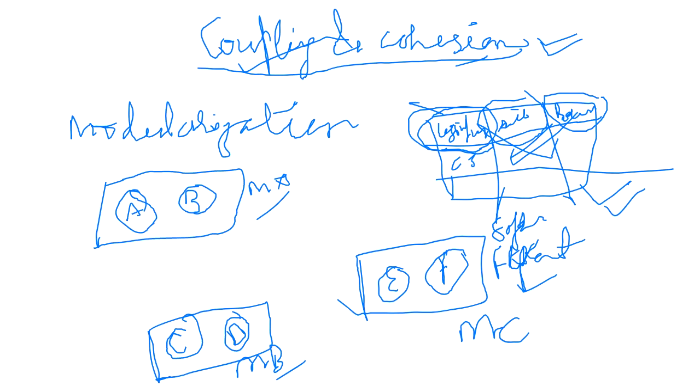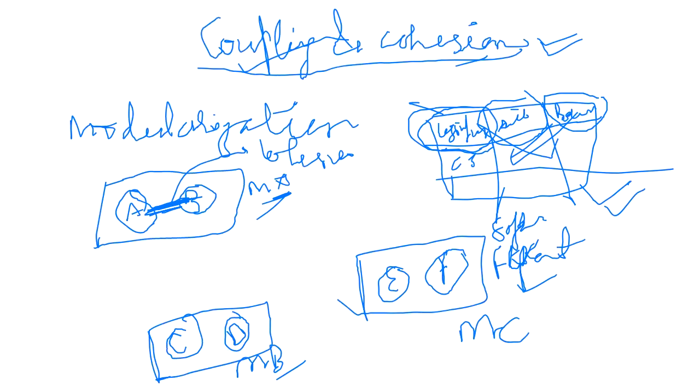Now suppose these two components inside module A are interacting with each other, meaning they are sharing data, using one another's functions, diagrams, and hardware, interacting in some way or the other. If that is happening, this will be known as cohesion.